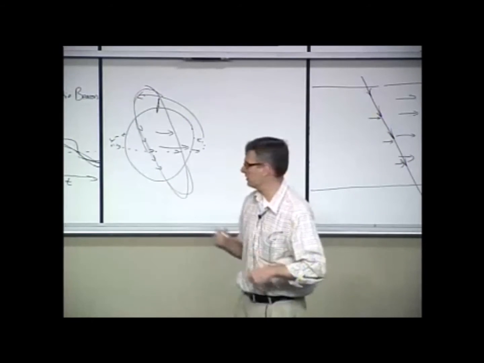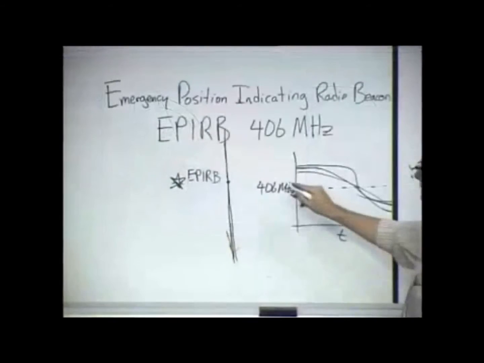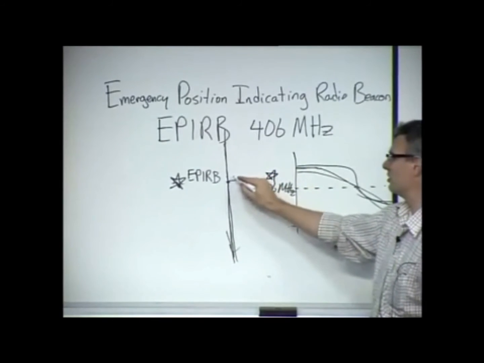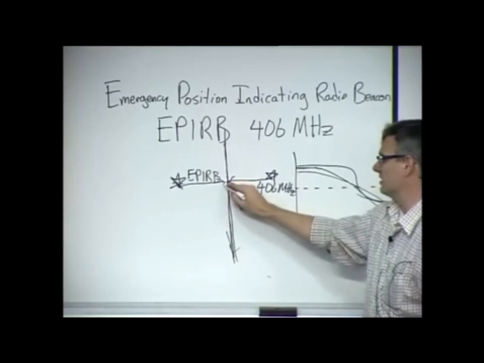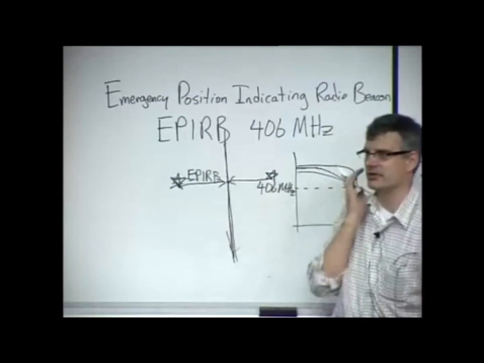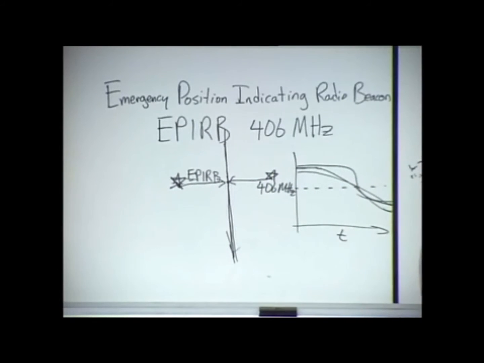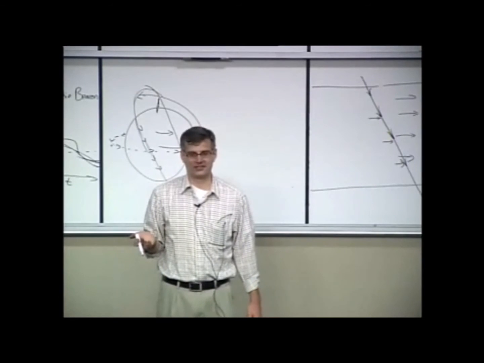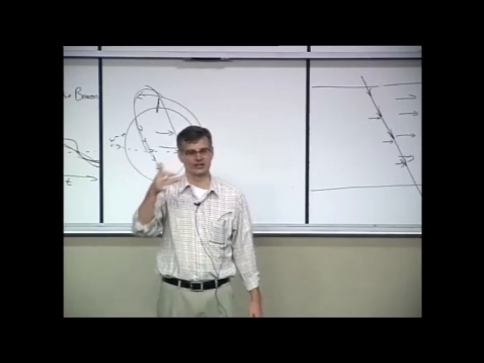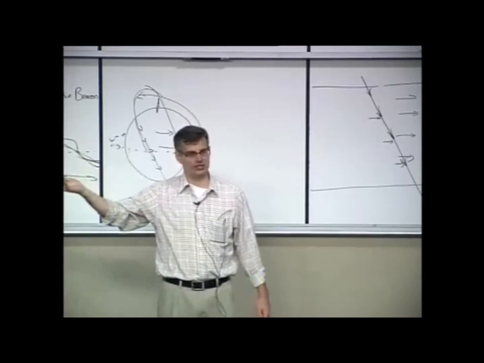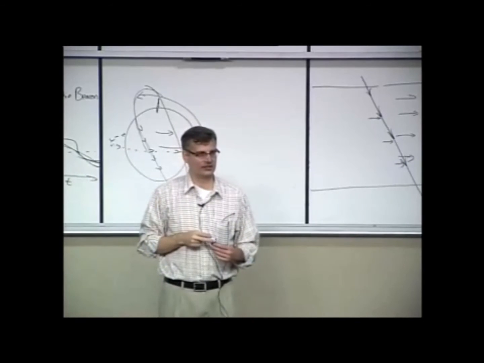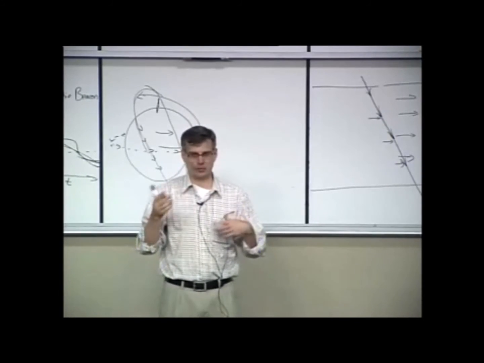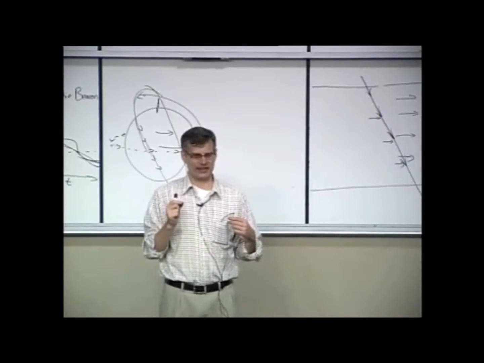Well, what's going to be the difference between the Doppler signature of an EPIRB here or one over here? I mean, this could be hundreds of kilometers at this point. Yeah, well, there's no difference. You would see the exact same Doppler signature from the mirror image on the other side in time. And so you may actually have to use several passes of a satellite to really resolve that ambiguity.